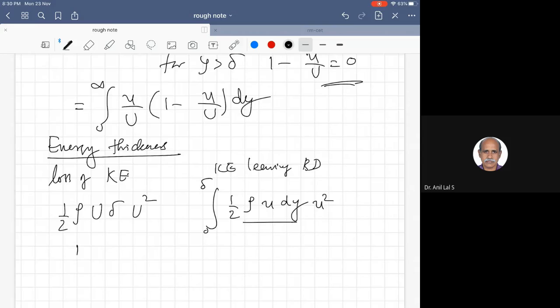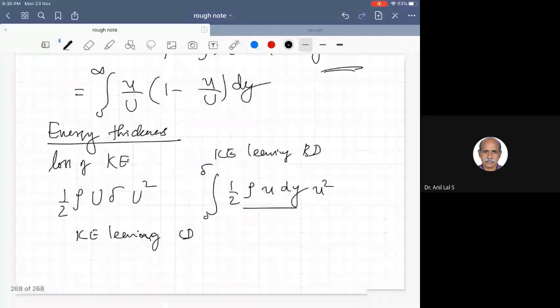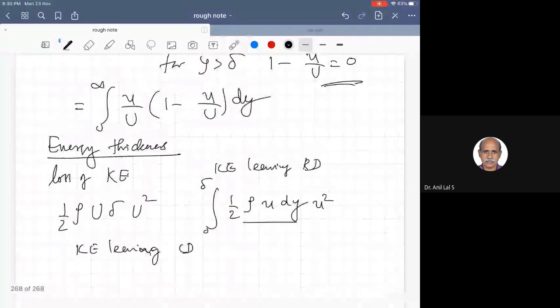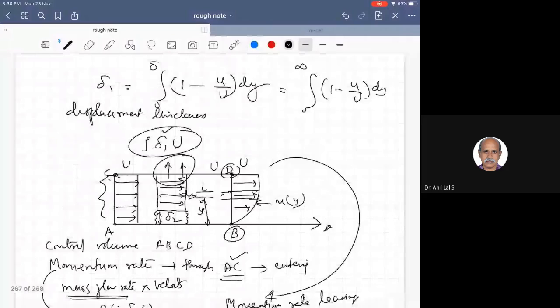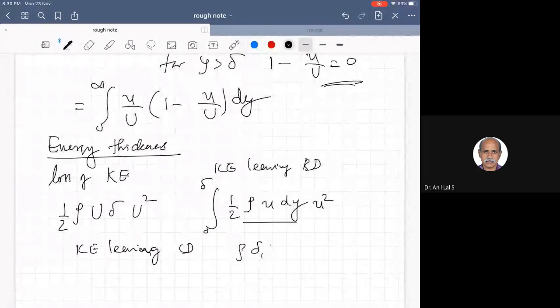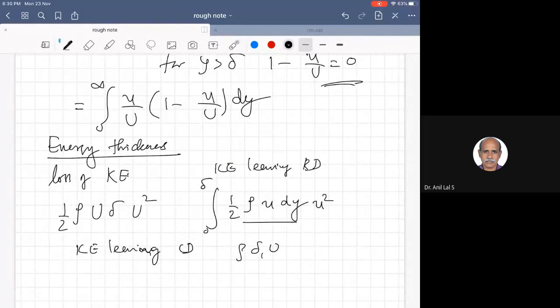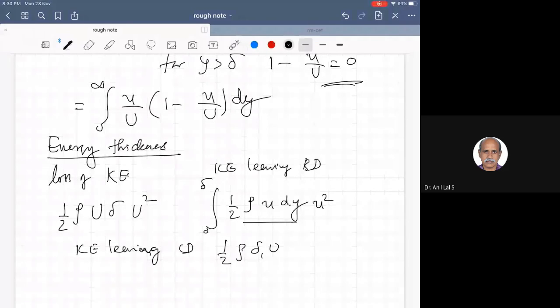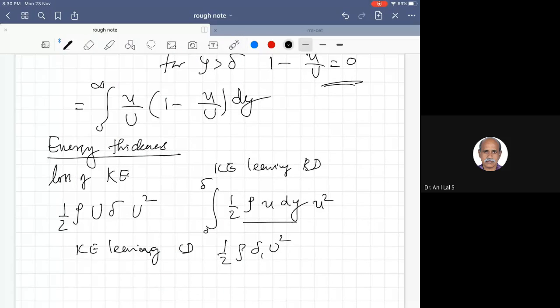Then the kinetic energy leaving CD, and there the mass flow rate we know is rho delta 1 U. This is half into this into the velocity U squared. So this is multiplied by U squared.